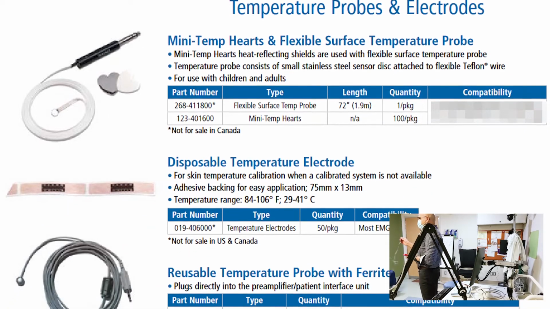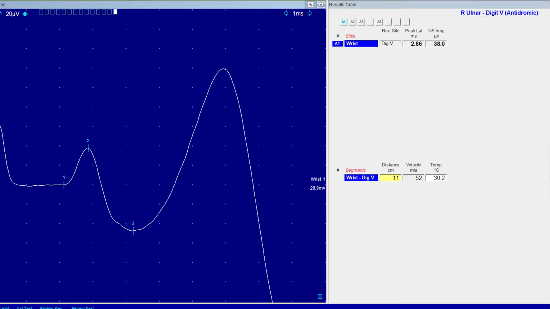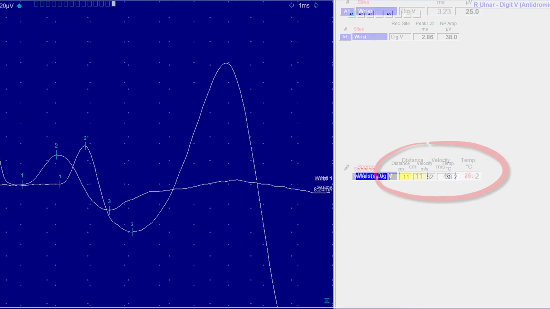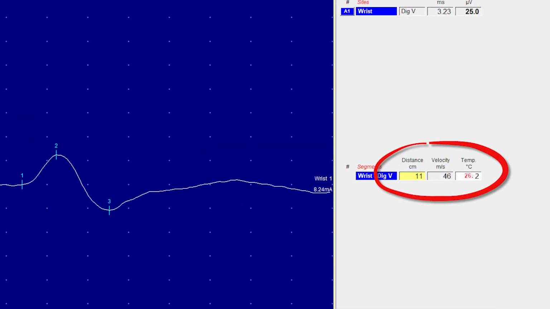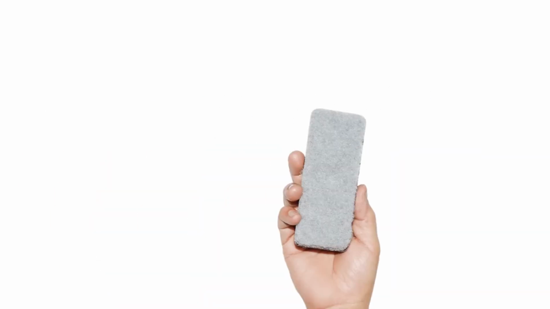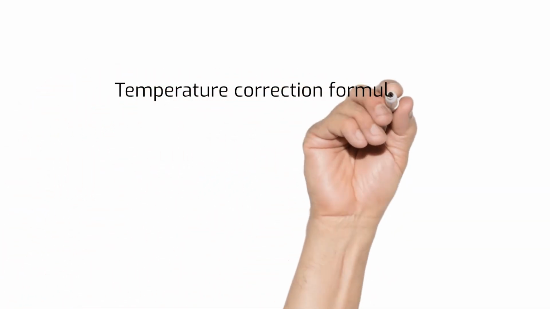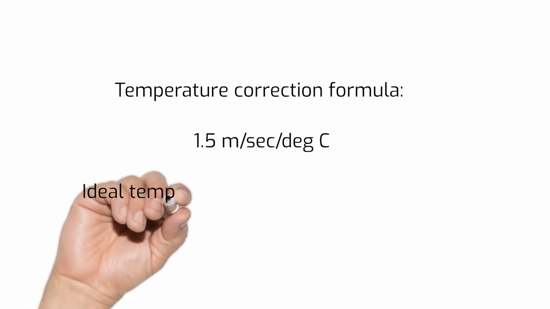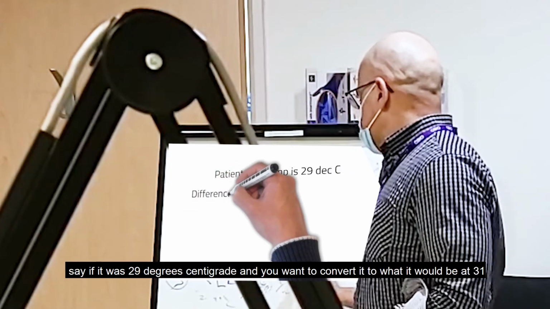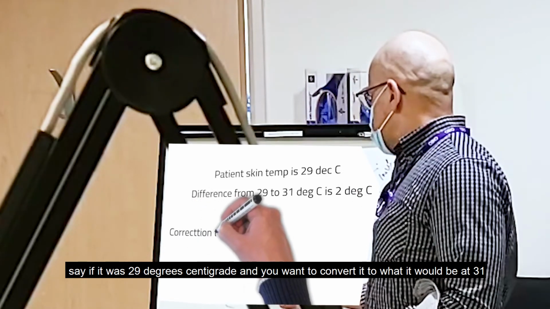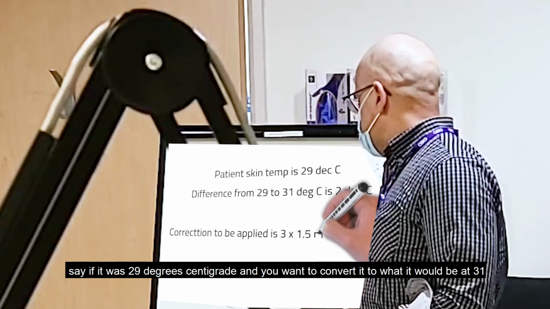You attach this to the skin before we start the study, and that gets recorded onto the software, and that would not only indicate to the person interpreting the data, but also if the temperature was very low and it was a setting such as in a condition where you cannot heat the limbs, what do you do? You can convert with a calculation of 1.5 meters per second per degree centigrade. So if it was 29 degrees centigrade and you want to convert it to what it would be at 31, the discrepancy is 2, so 3 meters per second.